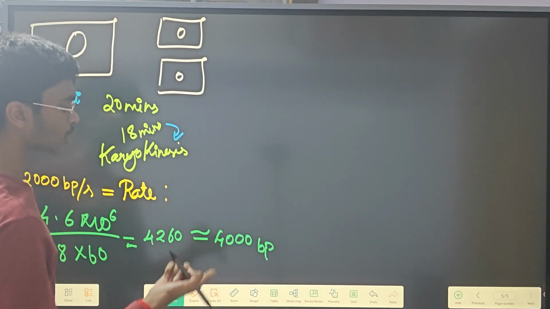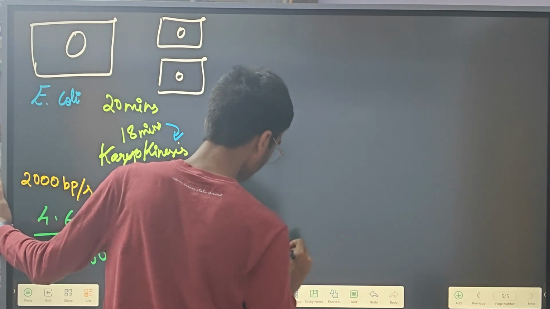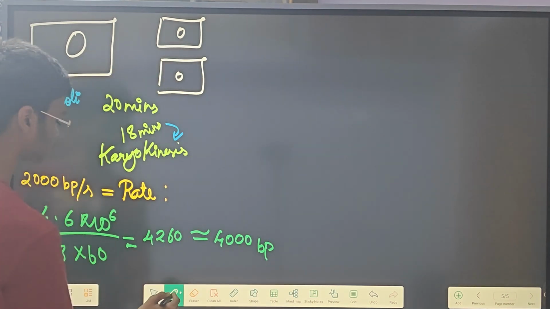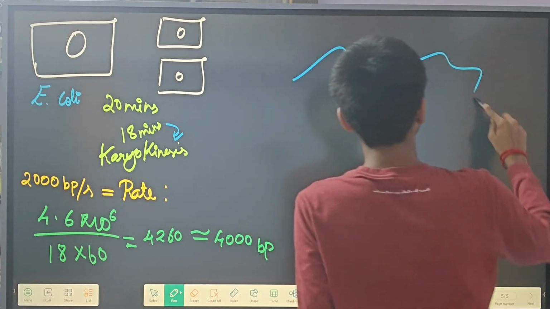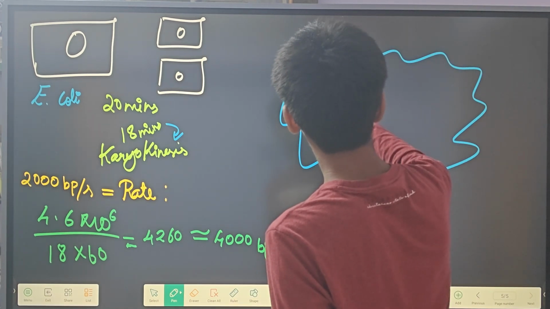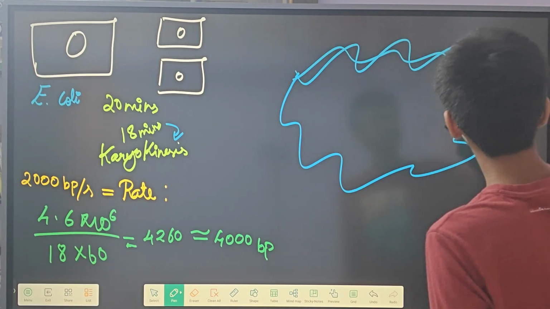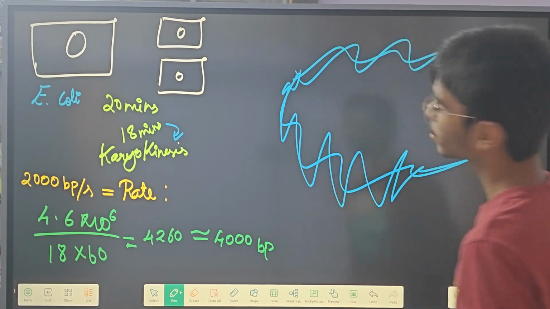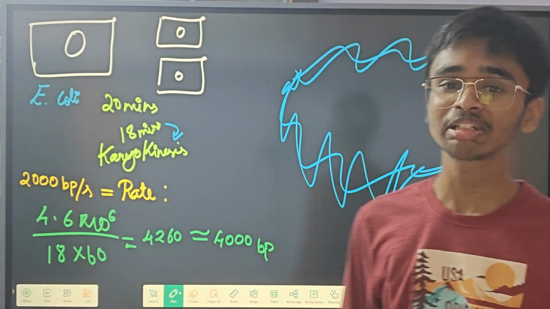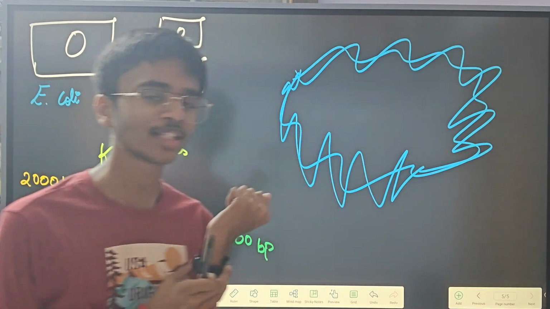So in this one, this is how the structure is. I'm a very good artist, so that is why I'm able to draw this good.